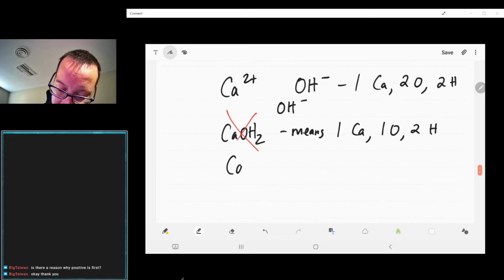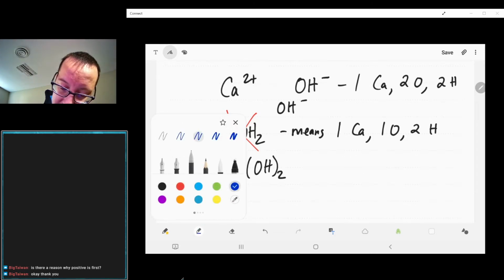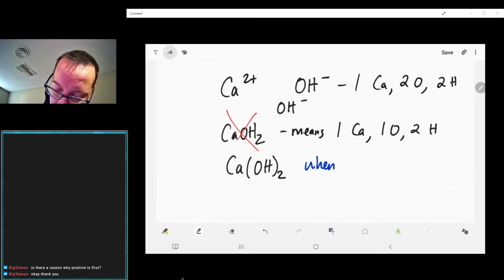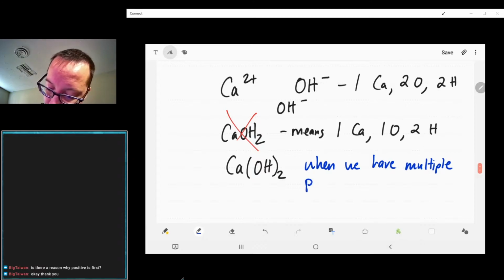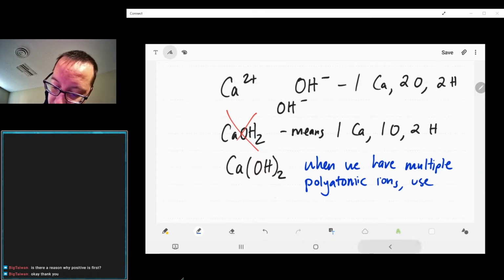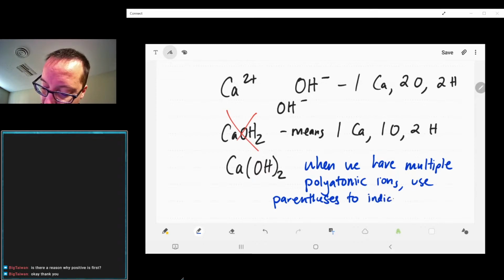What we actually will do is use parentheses here. And so we're going to see when we have multiple polyatomic ions, we use parentheses to indicate that.